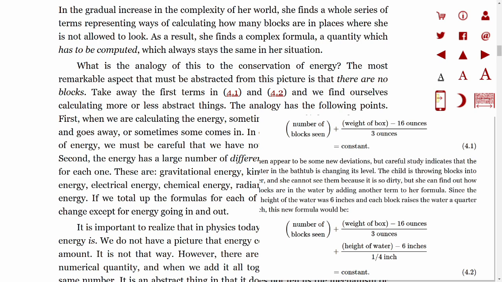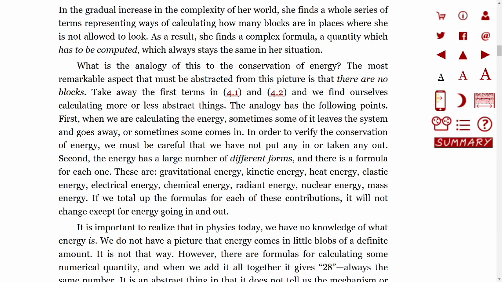First, when we are calculating the energy, sometimes some of it leaves the system and goes away, or sometimes some comes in. In order to verify the conservation of energy, we must be careful that we have not put any in or taken any out. Second, the energy has a large number of different forms, and there's a formula for each one.